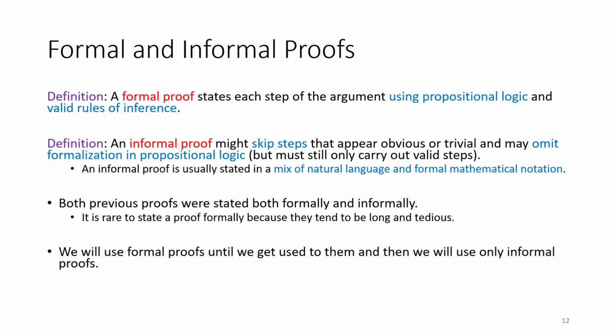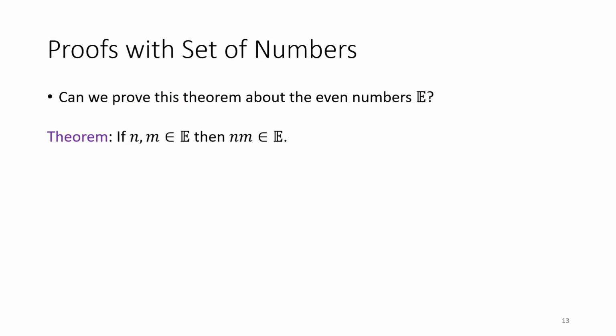With that said, though, I do want to take a look at a couple more formal proofs before we push them to the wayside. Okay, we did a proof on sets, and we're going to continue to stick with sets, but now I'm going to move to sets of numbers, not just any old set. And that's because we really do need some subject matter if we want to keep proving interesting proofs.